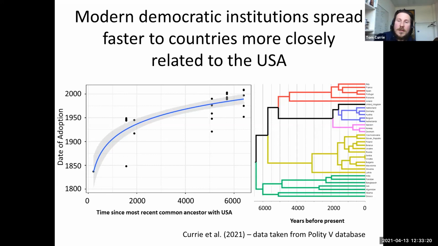And we're using language relationships here to proxy for that. So in these data anyway, there seems to be a relationship: the countries that are more closely related to the USA in this sample are the ones that adopted democratic institutions earlier.